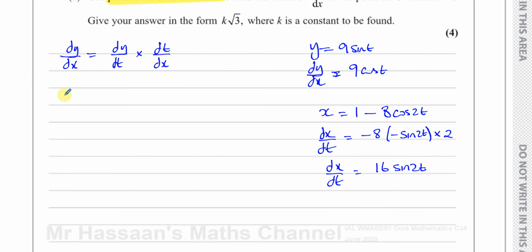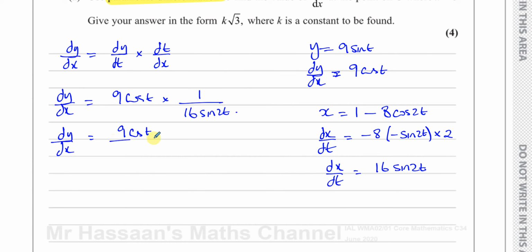So dy/dx is 9 cosine t multiplied by 1 over 16 sine 2t. Therefore dy/dx is 9 cosine t over 16 sine 2t.